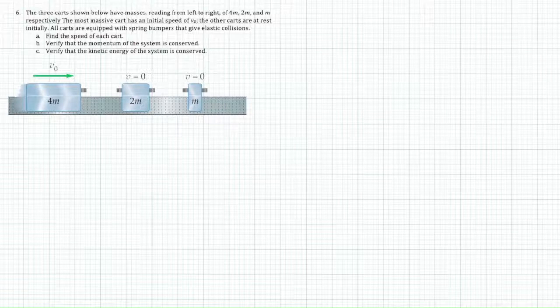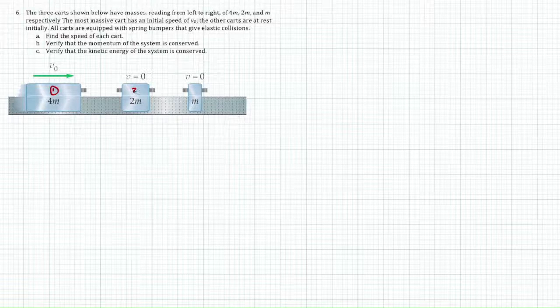The only thing that might throw a wrench into your works immediately is the fact that we've got 3 objects and we've got 2 collisions. We've got object 1 right here. I'll call this object 1. Object 1.